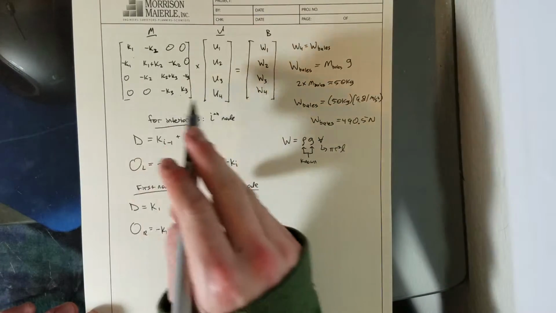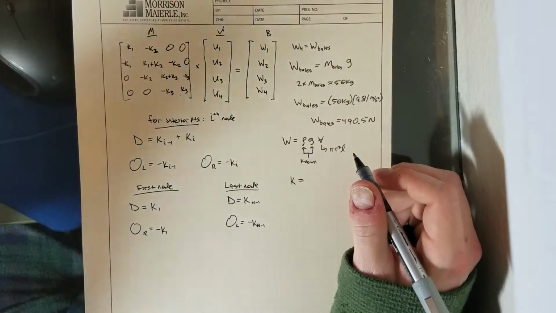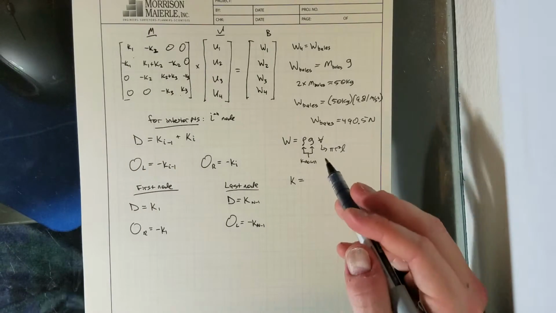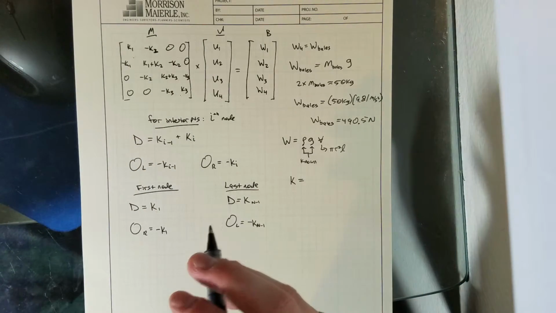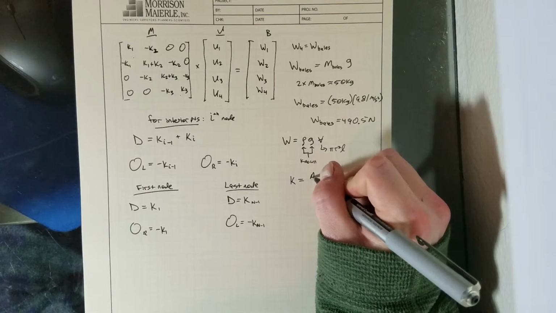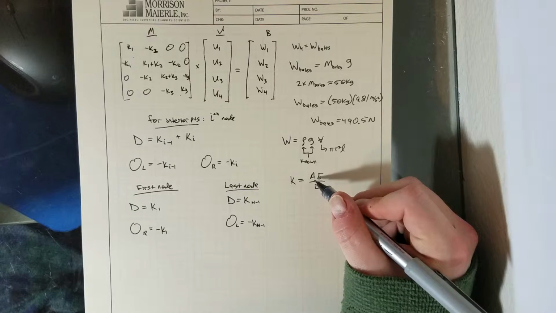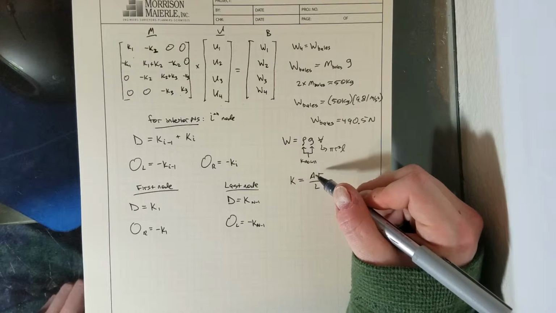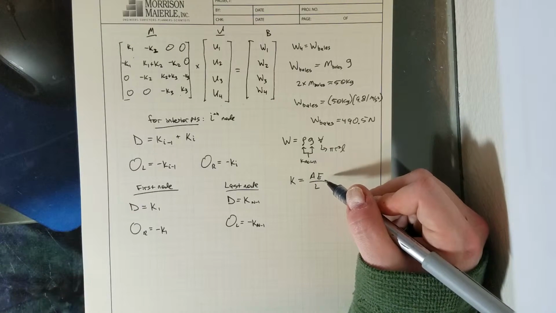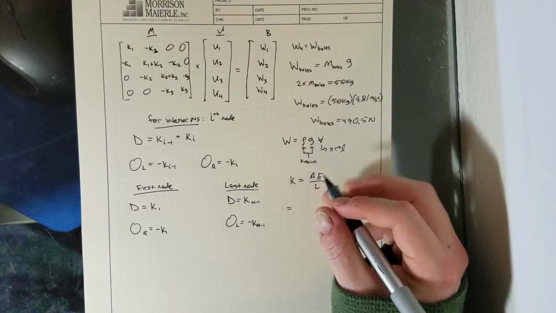And then these K values are going to be the same for each spring. Each spring is going to have the same stiffness because the cable we're looking at has a constant cross-sectional area. So the spring constant K equals AE over L, where A is the cross-sectional area of the member, E is the material's elastic modulus, and L is the length of the member. So these are all known quantities.